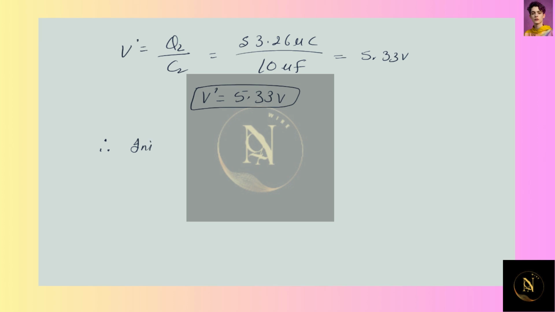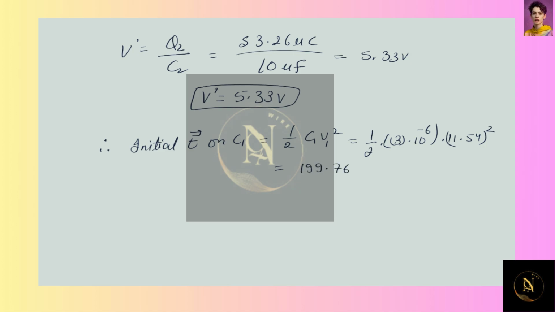Therefore initial energy on C1 is equal to half, that is 1 divided by 2, C1 V1 squared, which is equal to 1 divided by 2 multiplied by 3 multiplied by 10 raised to the power minus 6, multiplied by 11.54 to the power 2, and after solving this comes out to be 199.76 microjoule.